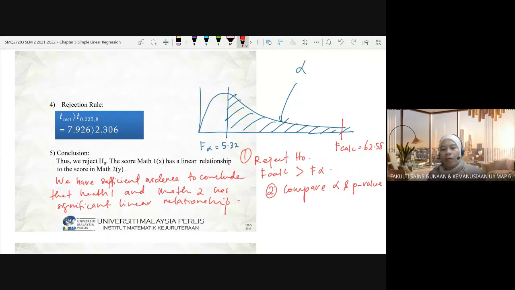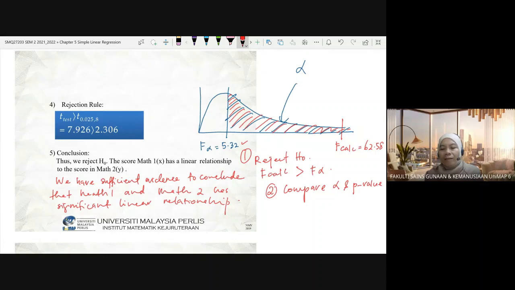So where is my p-value? I know where my alpha is. This is our alpha. That is the probability value where my F alpha begins. But where is my p-value?